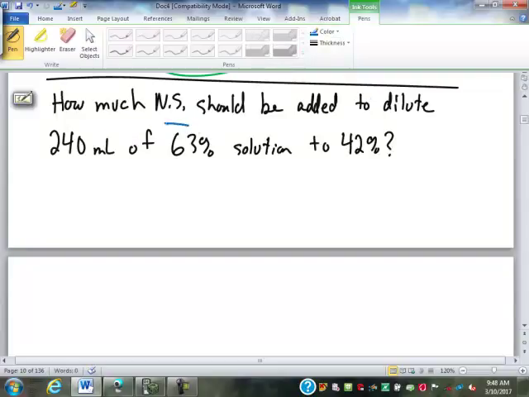So again, we start out with the 240 milliliters of 63% solution. So 63 times 240.